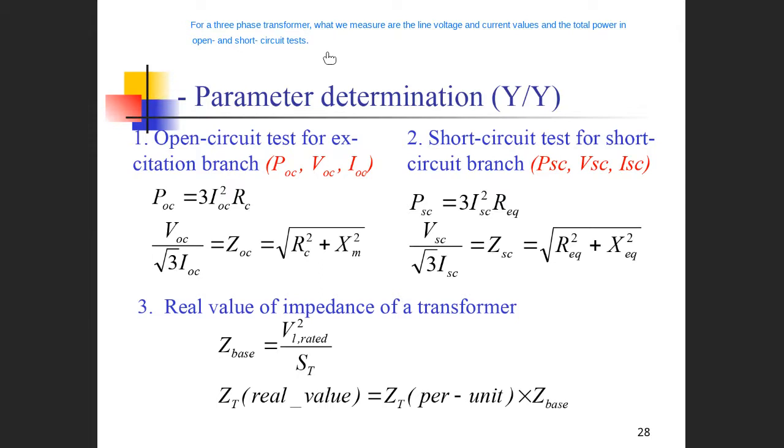So then we assume that the transformer is a star-star connection. We can estimate... Okay.